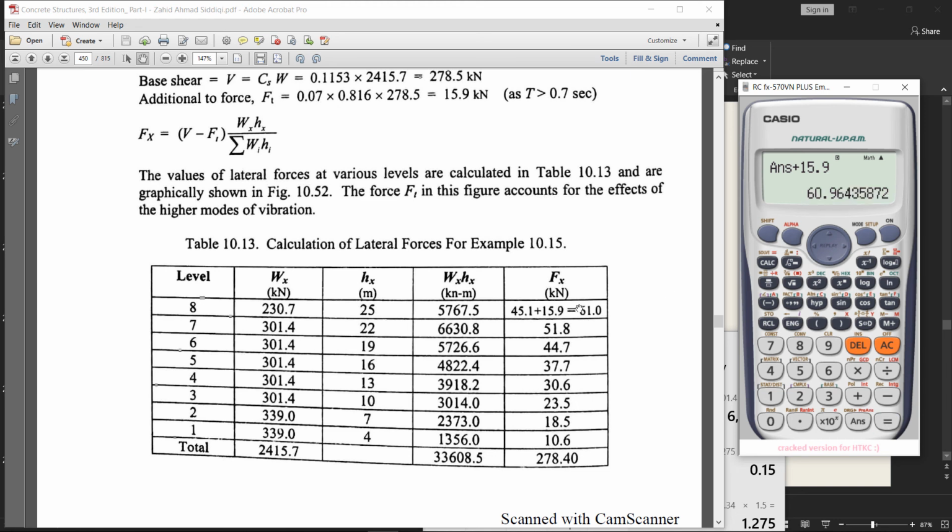So this is the total value at the top floor.